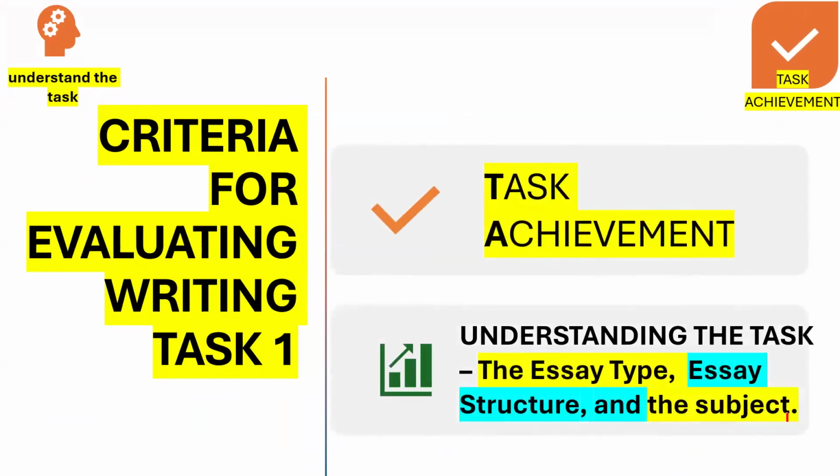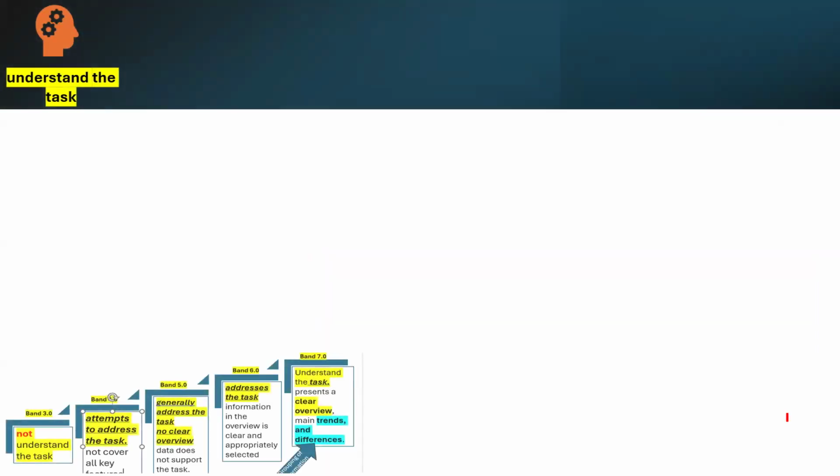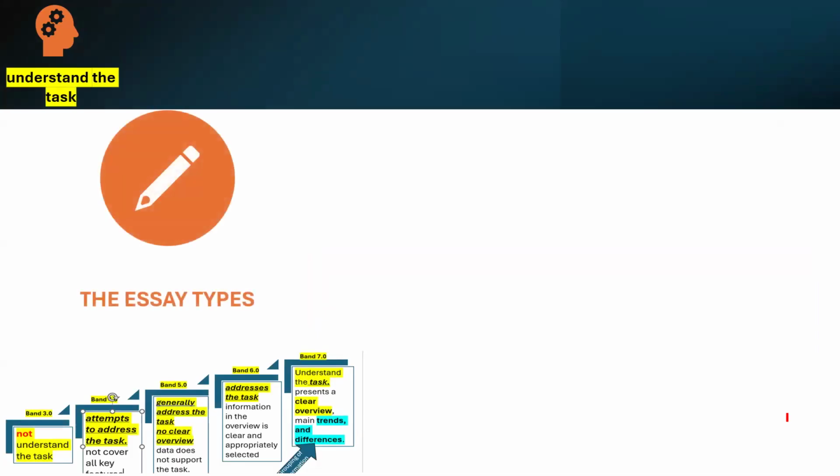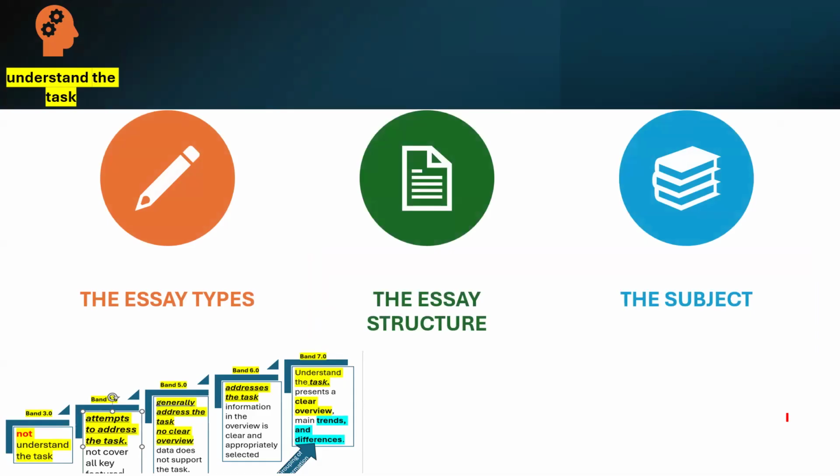To understand the task, it means we need to understand the essay type. Secondly, we need to understand the essay structure. And thirdly, we need to understand the subject. So what are these essay types? Last meeting, we learned about the essay types.